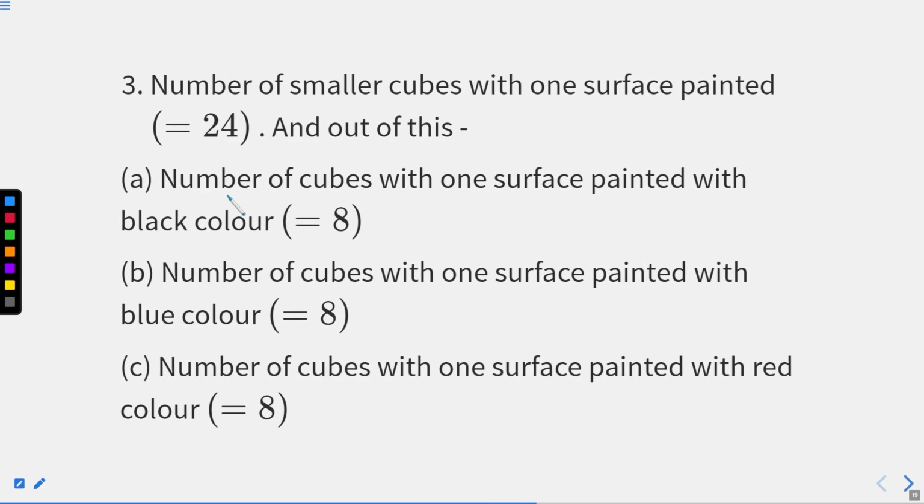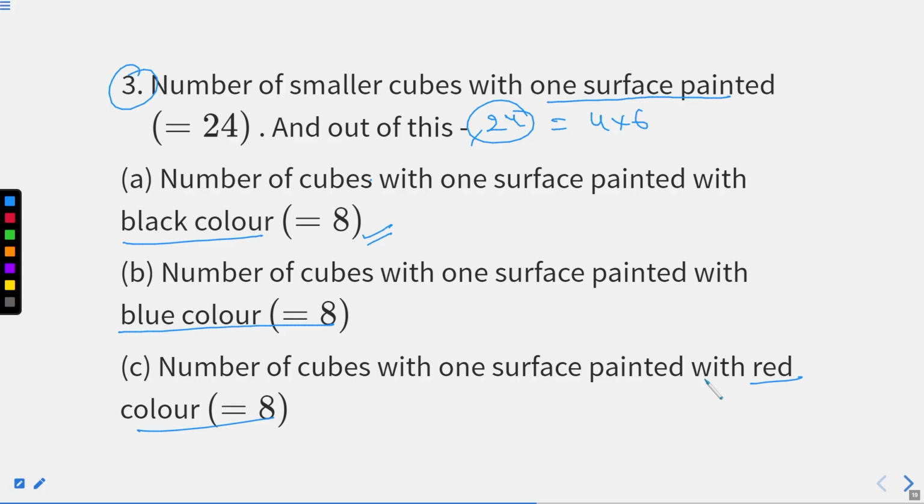Now, third part of this question is, how many smaller cubes are painted with one surface? It means they will be painted with only one color, right? So, total of 24 is there, that is 4 on each surface. How do we get 4 on each surface? If we talk about 2 surfaces, it means a total of 8 cubes. 8 will be painted with black color, 8 with blue color, and the remaining 8 with red color, because on one surface we have 4 cubes painted with only one surface.